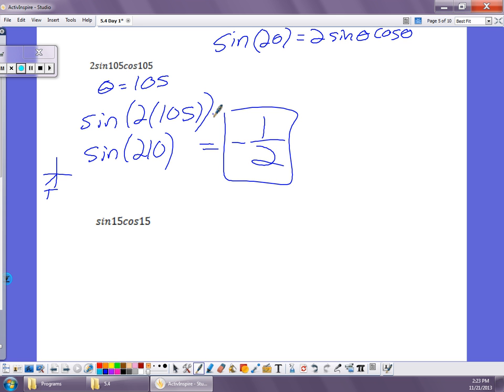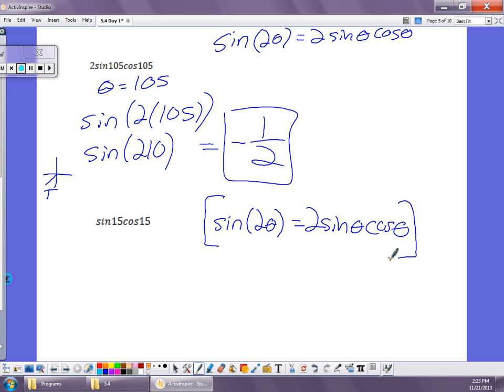This next one is just a little more complicated. Again, we're looking at sine 2 theta, 2 sine theta cosine theta. So if we look here, this says sine 15 cosine 15. This does not match up perfectly with this 2 sine theta cosine theta. So what we want to do is figure out what we can multiply our identity by to make it look identical to our problem.